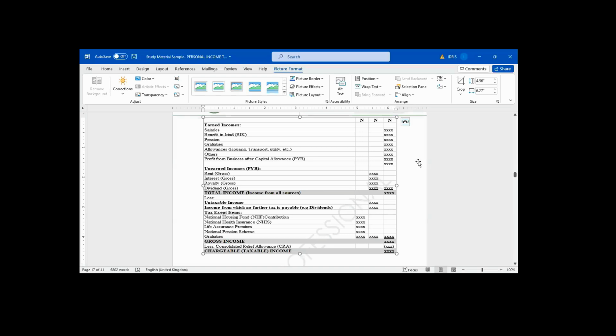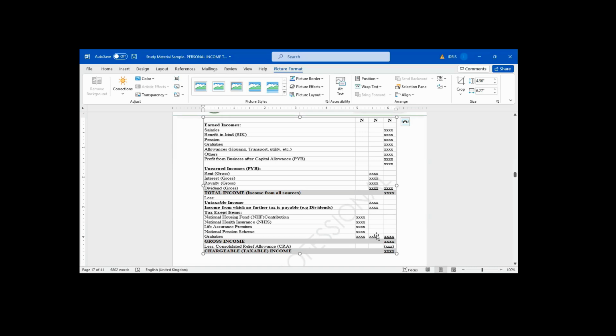Look at the format. Under the employment income, under the earned income, one of the items I stated is gratuity. Assuming this gratuity is 10,000 naira, once I write it under the earned income here, under the tax exempt too, I will come and write gratuity 10,000 and remove it again.